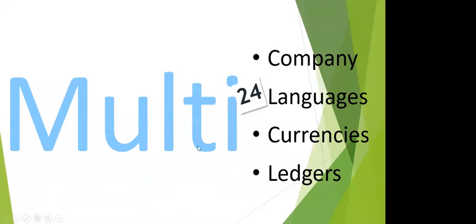These are other flexibilities that we get in Fusion Cloud, and there is no comparison to EBS. In EBS also we can configure multi-company, multi-language, multi-currency and multi-ledger, and in Fusion also we can do it, I am just referring to that part. So this feature is not restricted; it is there even in Fusion Cloud also. Shall we proceed?